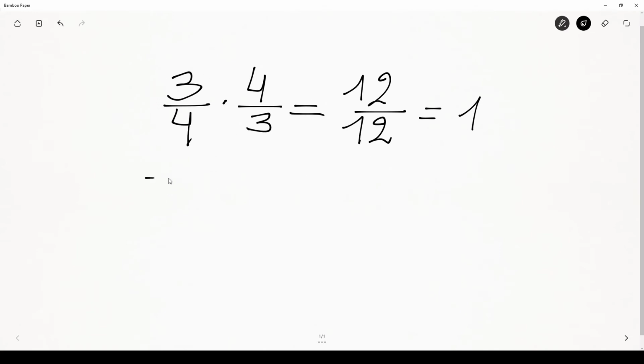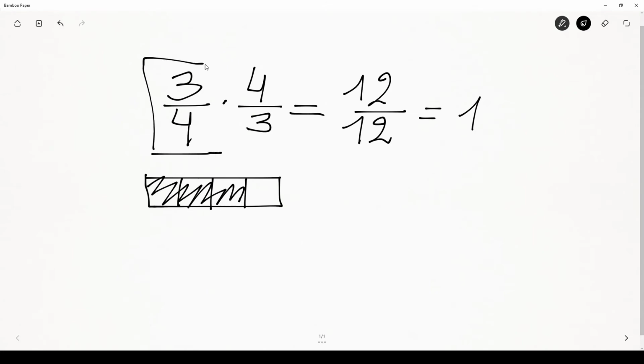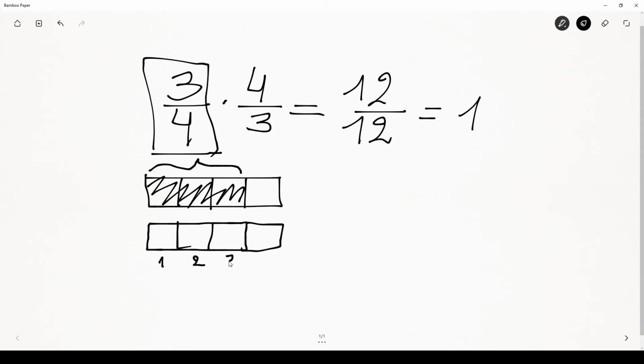We have 3/4, right? We have a piece which we divide into 4 pieces and we take 3 out of them. So this is this. And we multiply that by 4/3. What does that mean? It means we take this piece, we divide it in 3 parts. 1, 2, and 3.